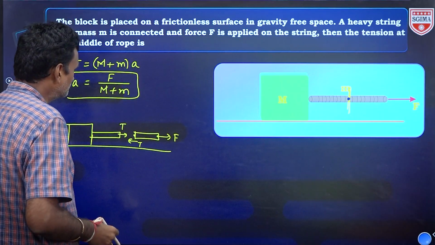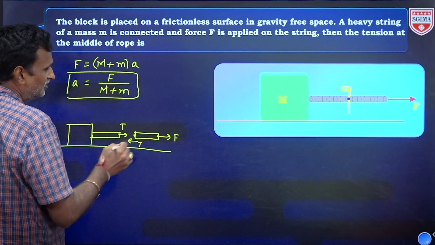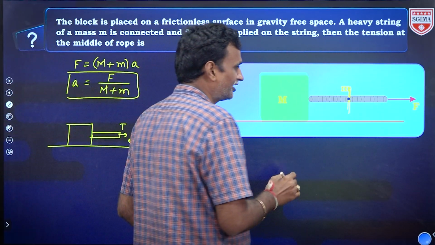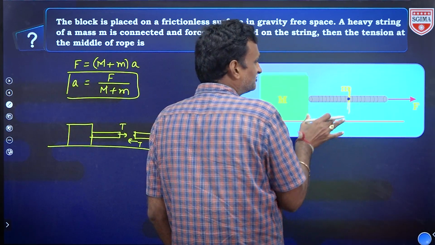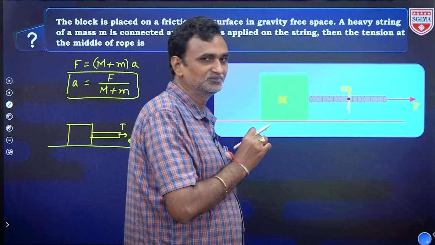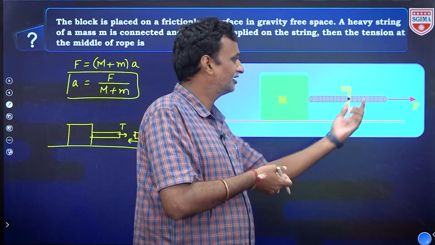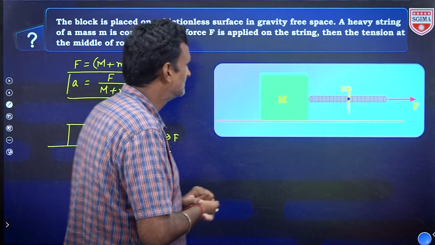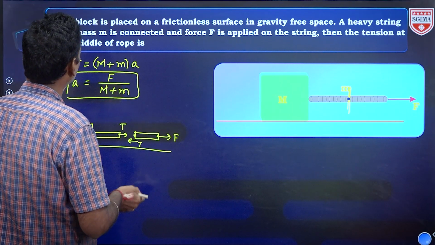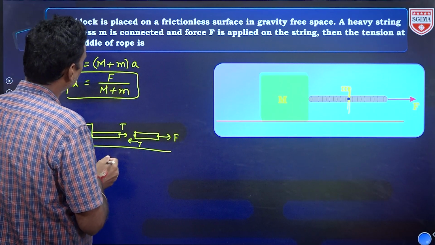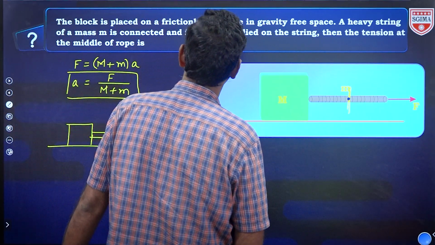So now this is exactly the midpoint. Total mass present for total length is m. Suppose for L by 2 length, how much mass? M by 2, definitely. And the other part is also m by 2. So here m by 2, m by 2. Now are both masses the same or different in the question?